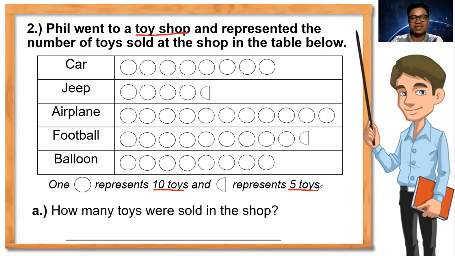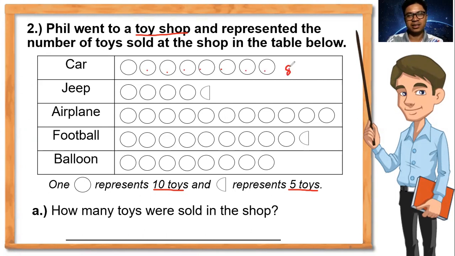Now let's answer the question. How many toys were sold in the shop? Let us count everything. If this is a whole circle, it represents 10. So 1, 2, 3, 4, 5, 6, 7, 8.